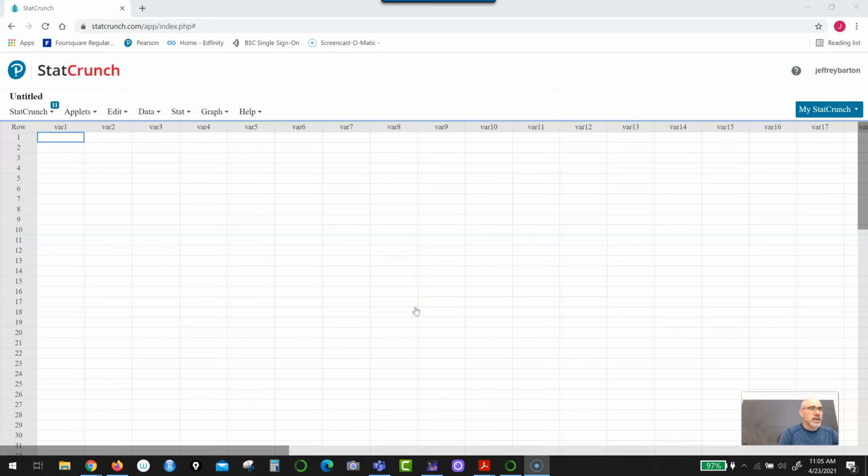So we're going to take a look at how to use StatCrunch to carry out a two-mean hypothesis test. One thing that has come up in looking at StatCrunch is that there's a difference in how StatCrunch calculates degrees of freedom for the two-mean t-test than how we do it when we have to work by hand.